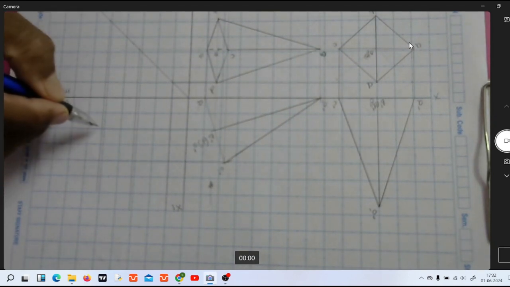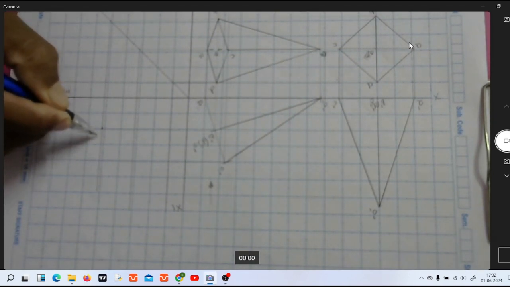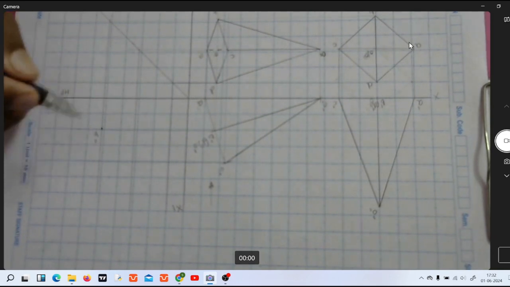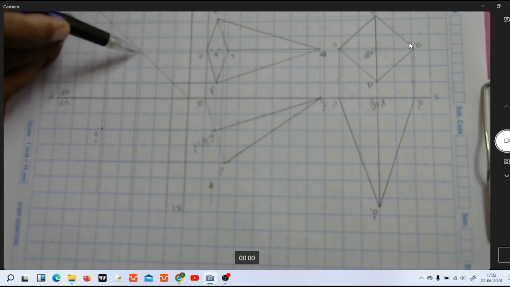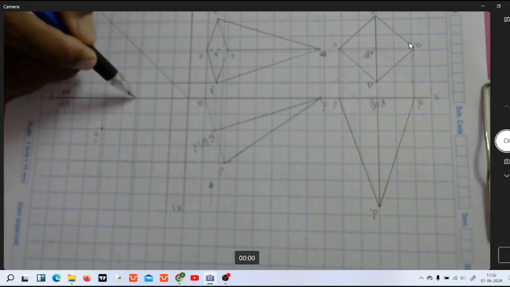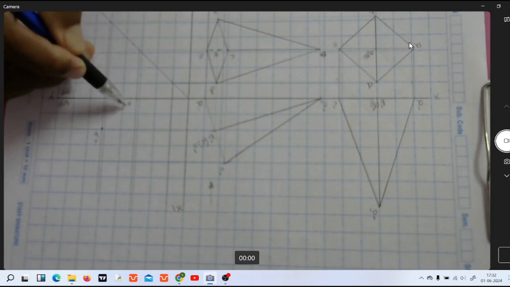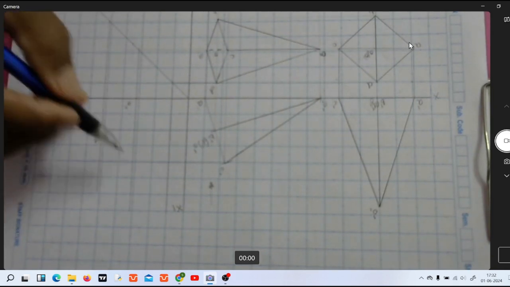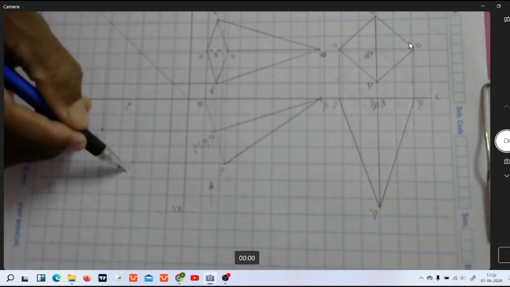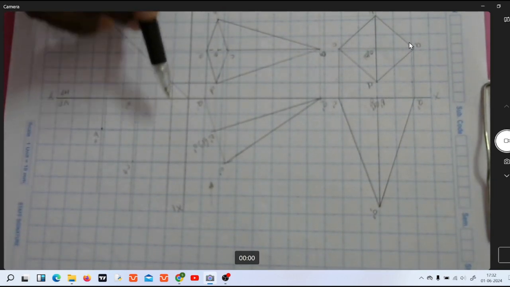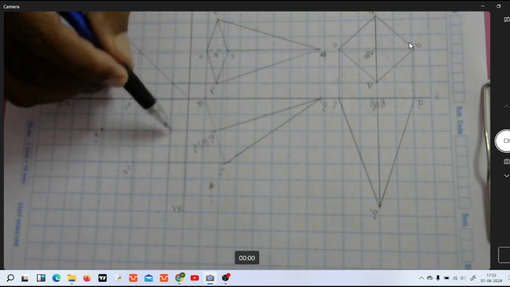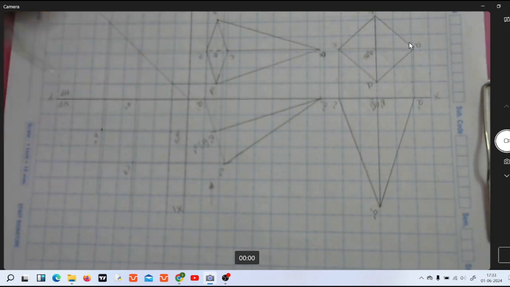So here you are going to get a B point. Let us mark this as B double dash. Now this is the center line related to 2 points, that is C and A. Now here you got point A, let us mark it A double dash, and here you got C double dash. Now come to this reference line related to D, let us mark it D double dash.